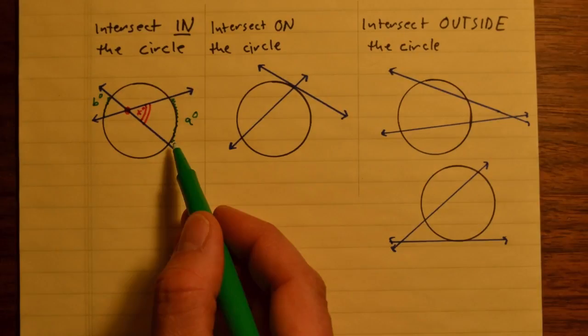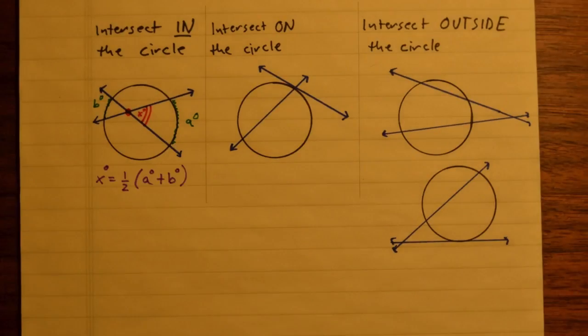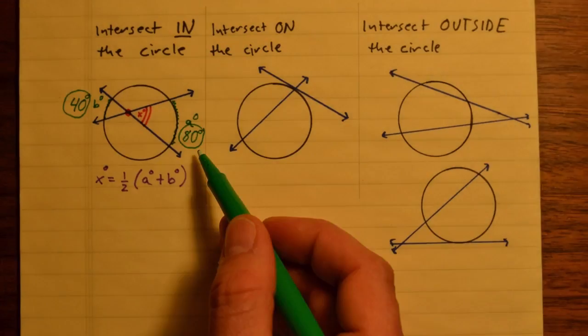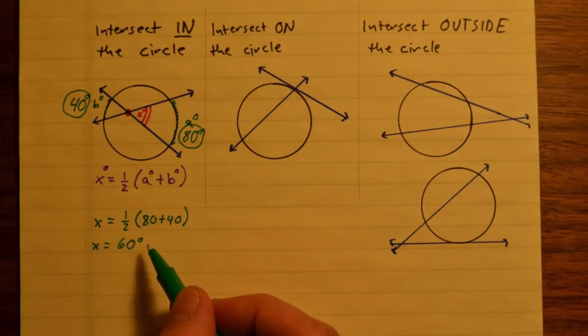There's arc A, and then out back you see arc B, which is kind of like the vertical angle arc. Now this theorem states that angle x is equal to the sum of half the measure of those intercepted arcs. And so if we pretend that, let's say, A was 80 and B was 40, that would mean x is 60 degrees. So once again, when they intersect inside the circle, you add together the two intercepted arcs, divide by 2.